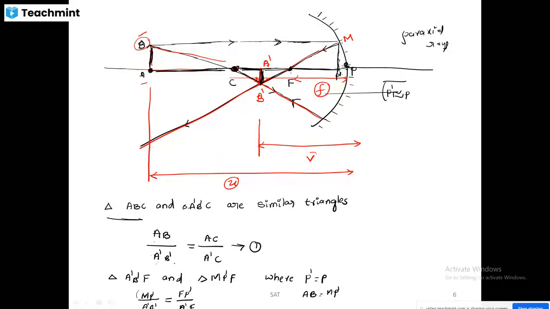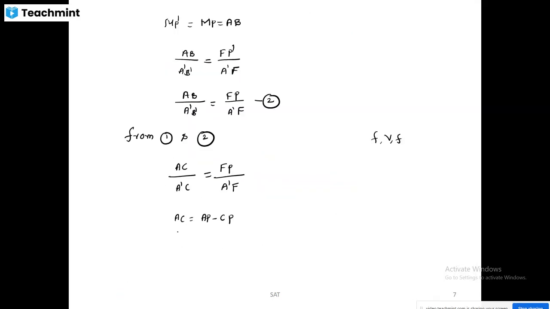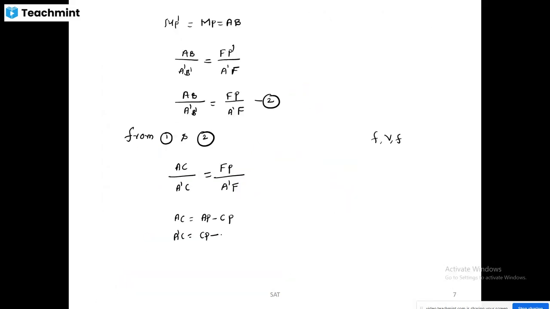A dash C is equal to PC minus A dash P, that is CP minus A dash P.